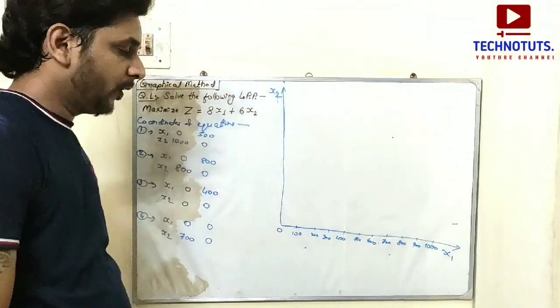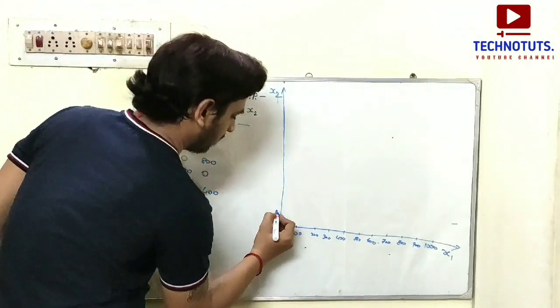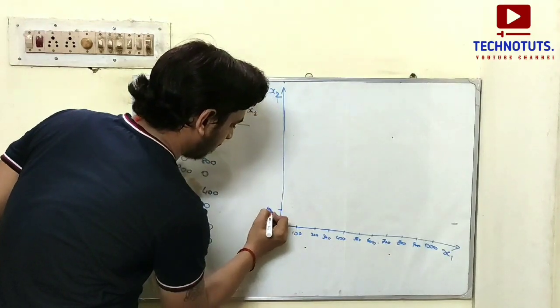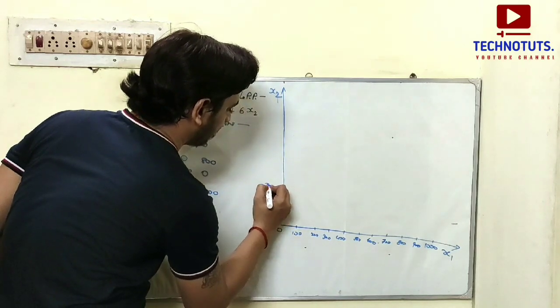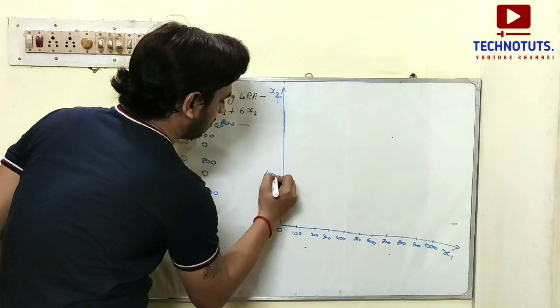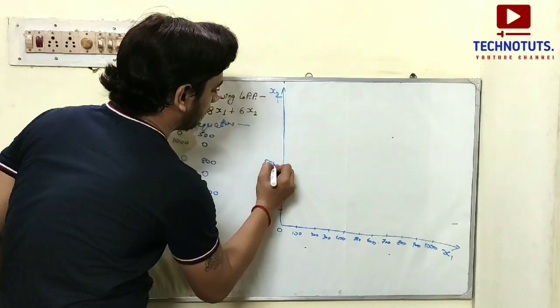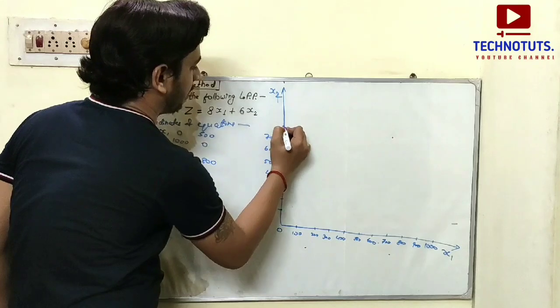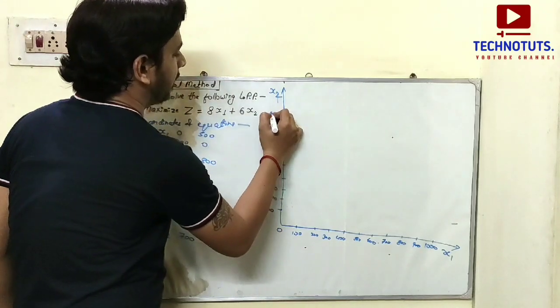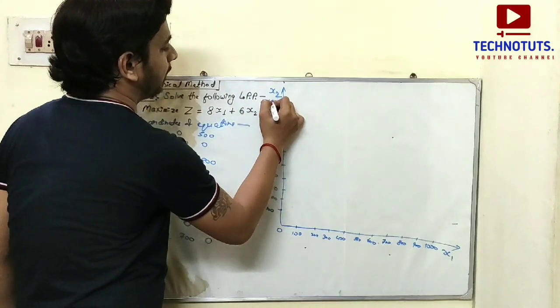Similarly, we also mark the y-axis: 100, 200, 300, 400, 500, 600, 700, 800, 900 and 1000.